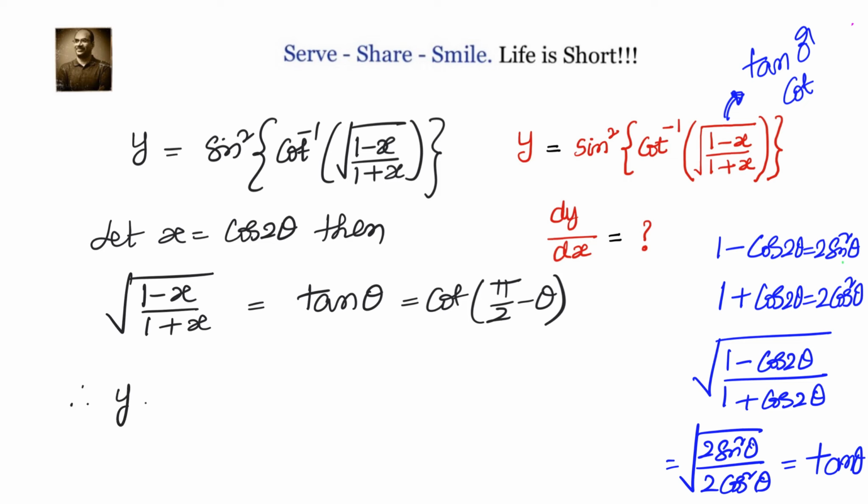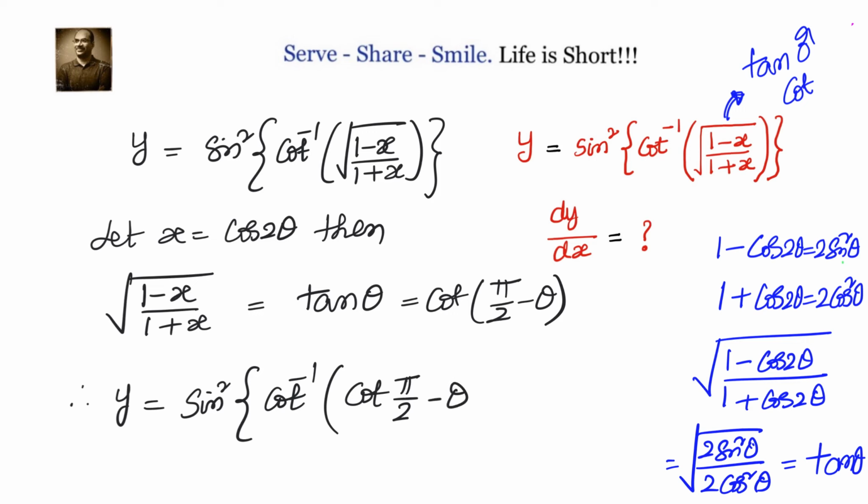So now the function becomes y equals sine square cot inverse of cot of pi by 2 minus theta. Cot inverse and cot nullify each other, so we are left with y equals sine square of pi by 2 minus theta.